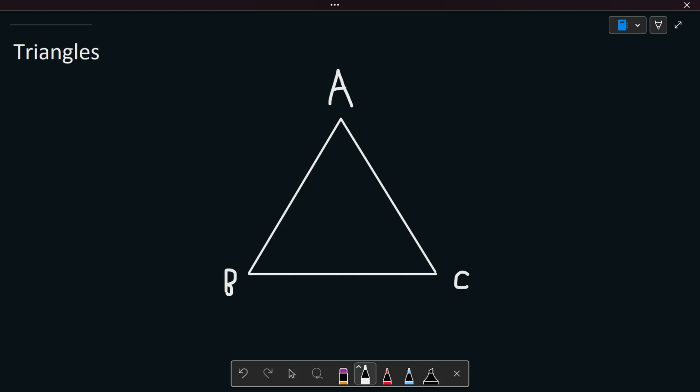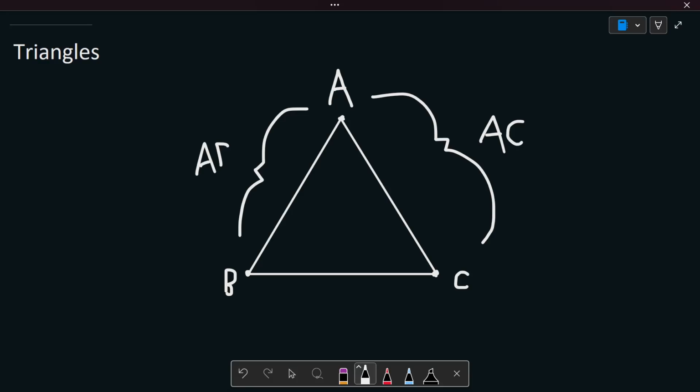This point over here is point B, this is point A, and this is point C. This line over here, we call line AC. This line of this triangle, we call AB. And then this line over here, we are going to call BC.